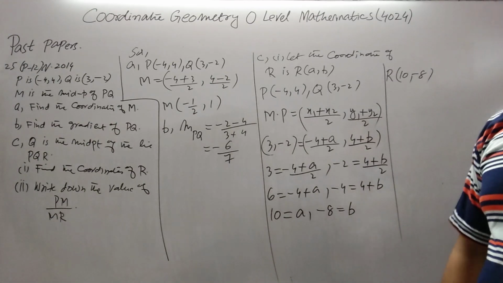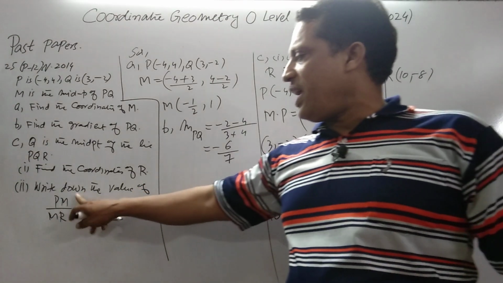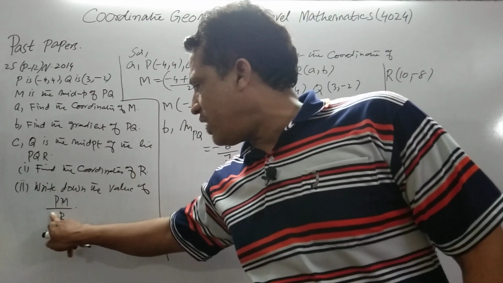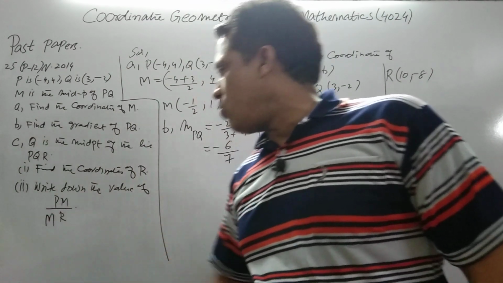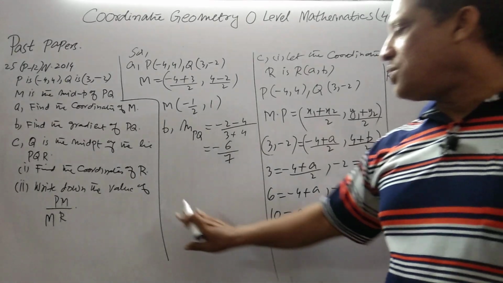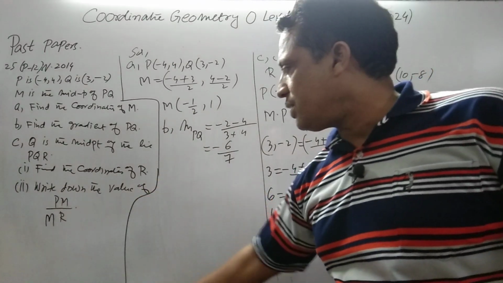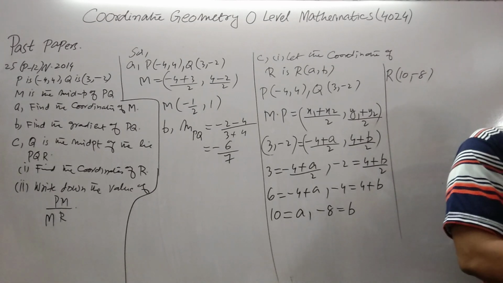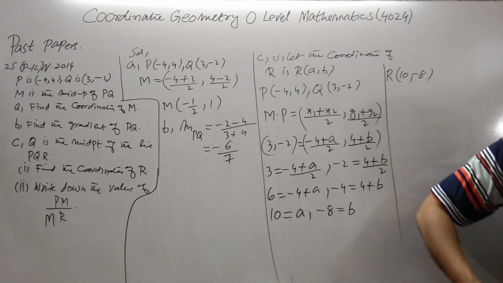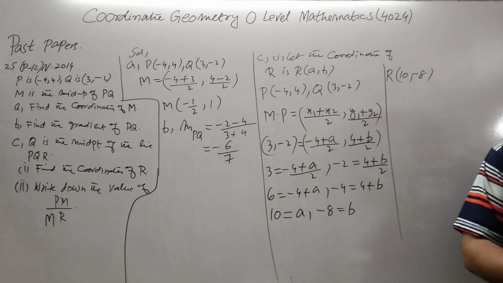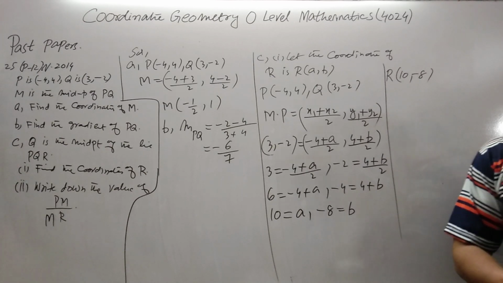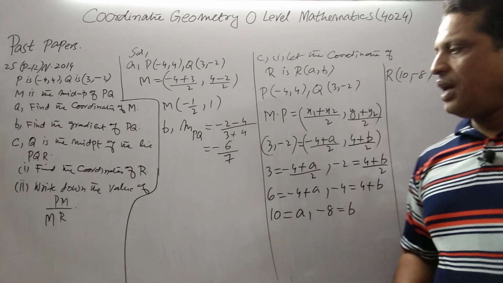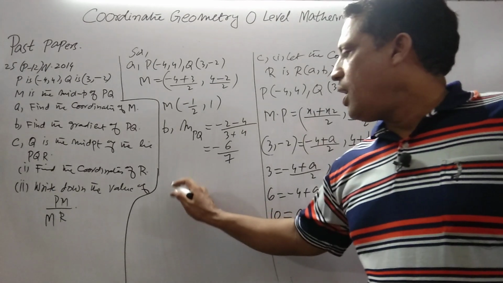See the last part. The last part is to write down the value of PM over MR. We have to find the ratio of PM over MR. In this question, what is M, what is P and what is R?